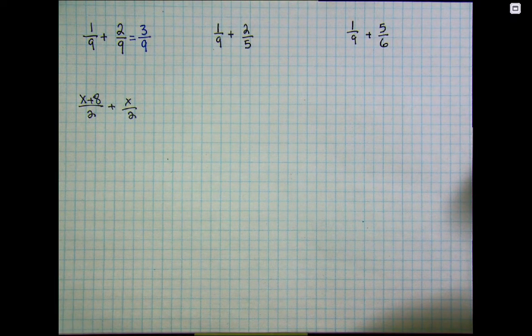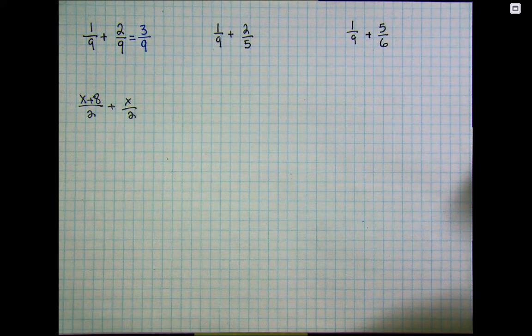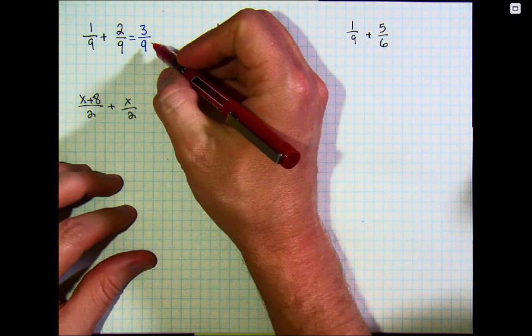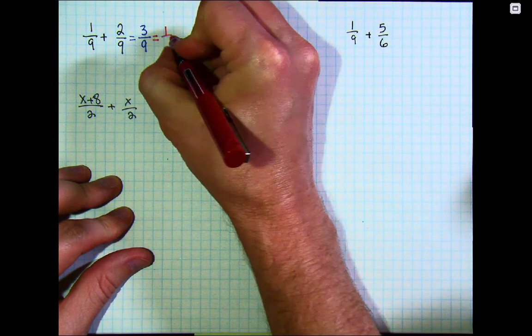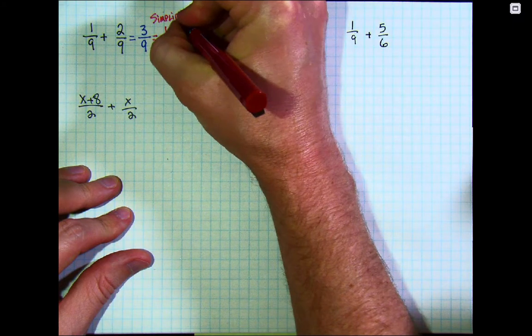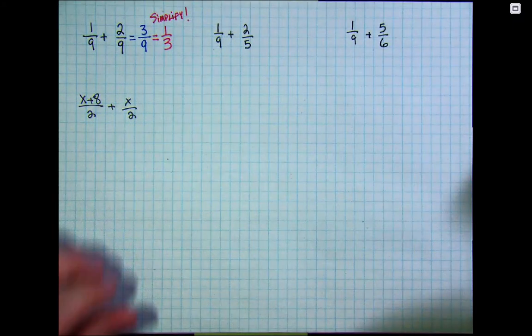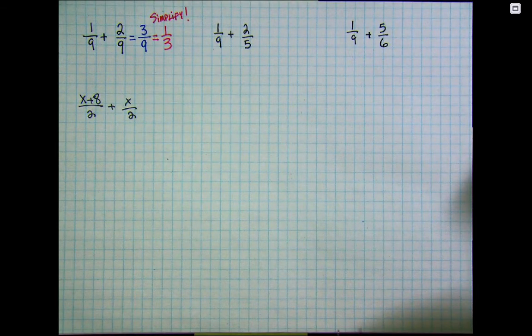You just had to use the common denominator that was already there. Now, you do have to be careful at the end, because you're not done unless your answer is in simplest form. So we always want to make sure that we simplify any answer that we give when we're dealing with rational expressions.